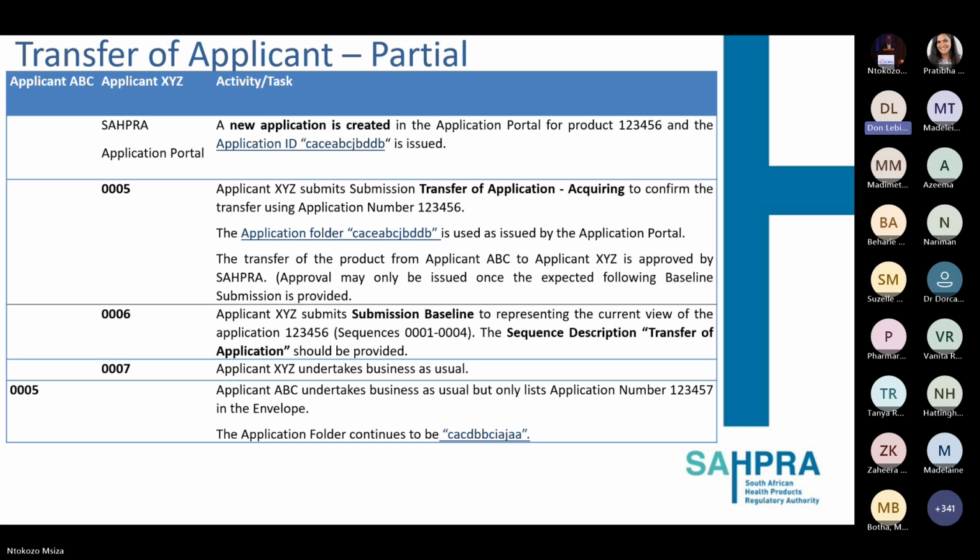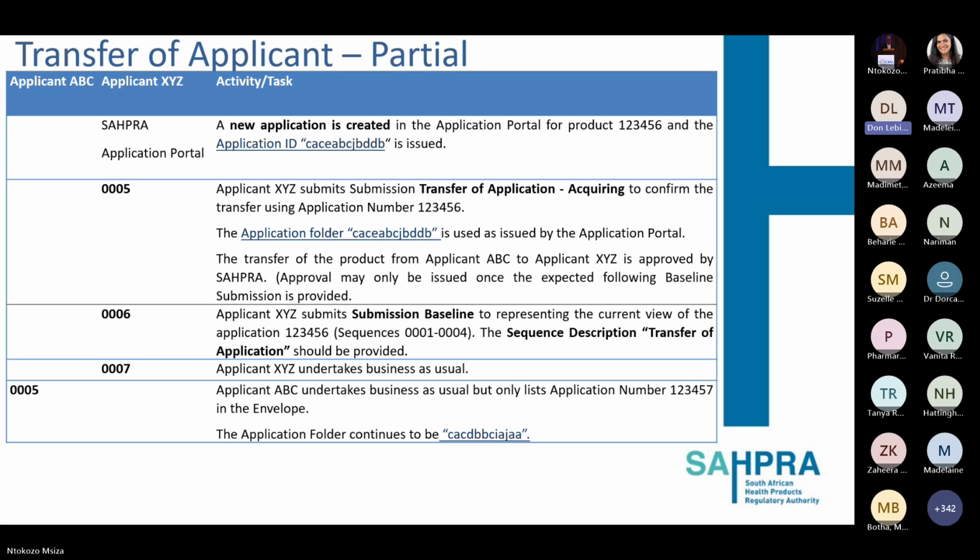Then on sequence 0005, the acquiring applicant submits a transfer of applicancy to confirm the transfer using application number 123456 with a new application folder, CA and then at the end DB, not the AA. And then they submit on the portal, and the transfer of the product from applicant ABC to applicant XYZ is then approved.